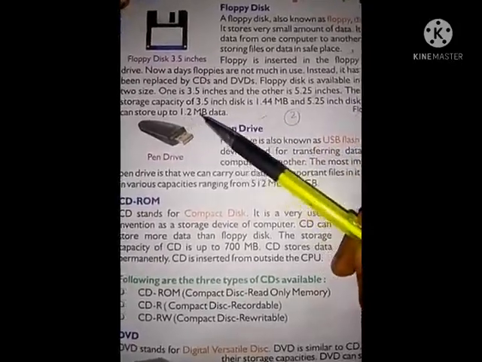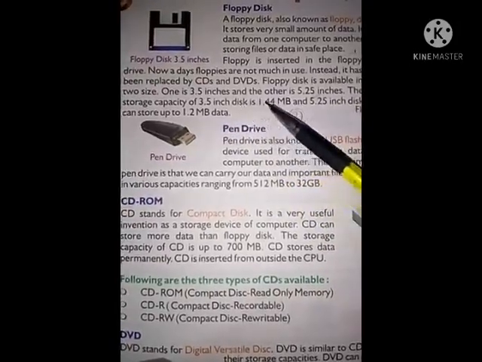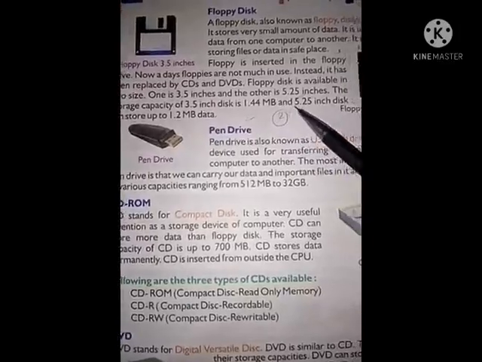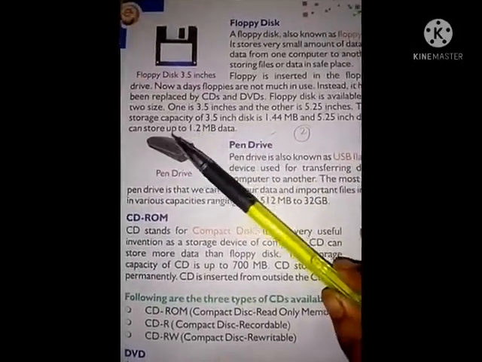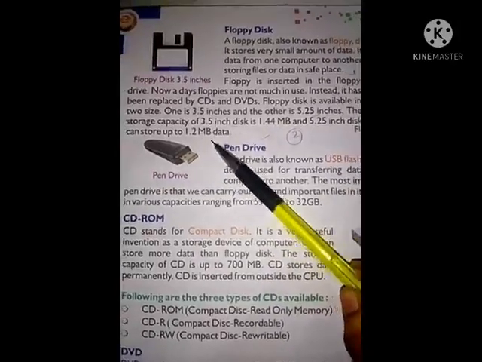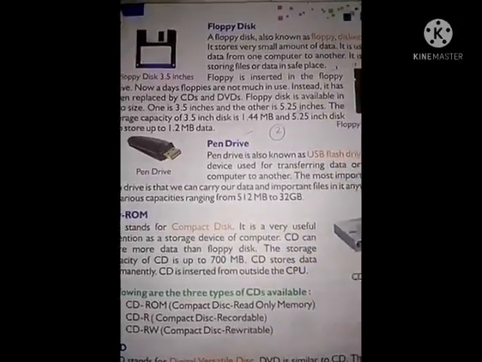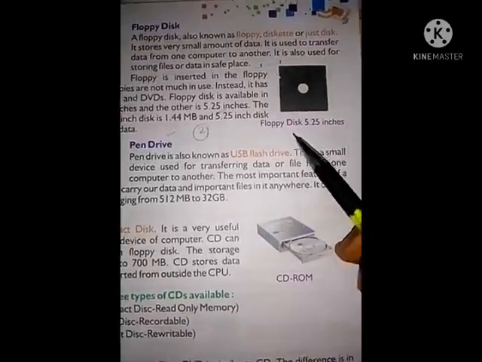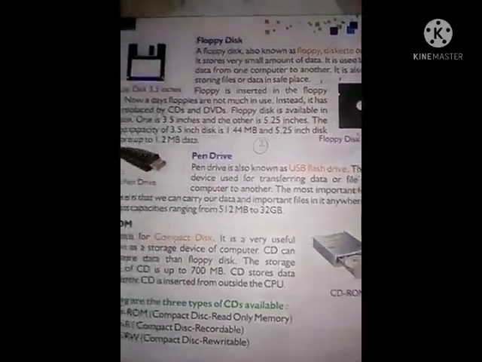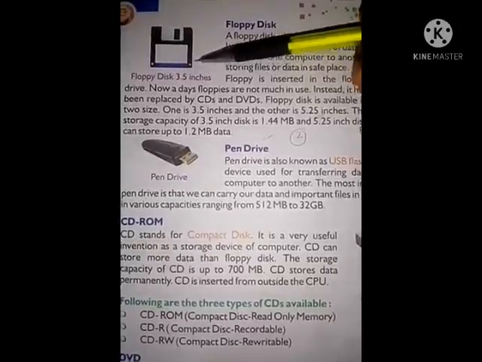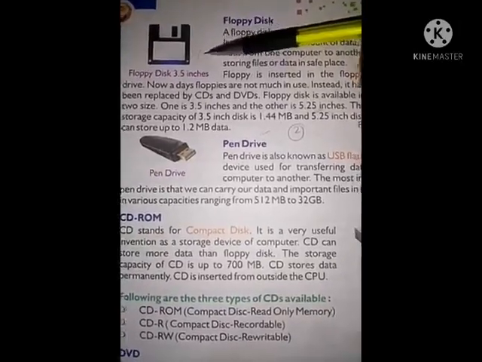The storage capacity of a 3.5-inch disk is 1.44 MB and a 5.25-inch disk can store up to 1.2 MB of data. This is a 5.25-inch floppy disk and this is a 3.5-inch floppy disk.